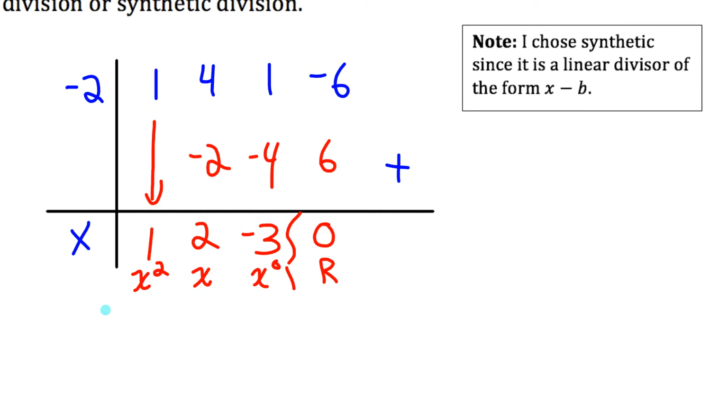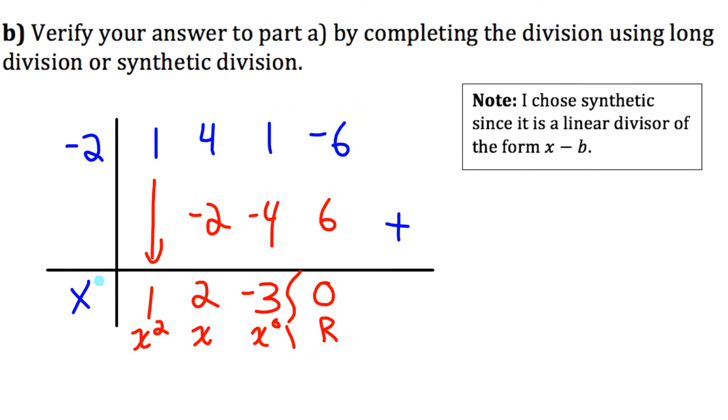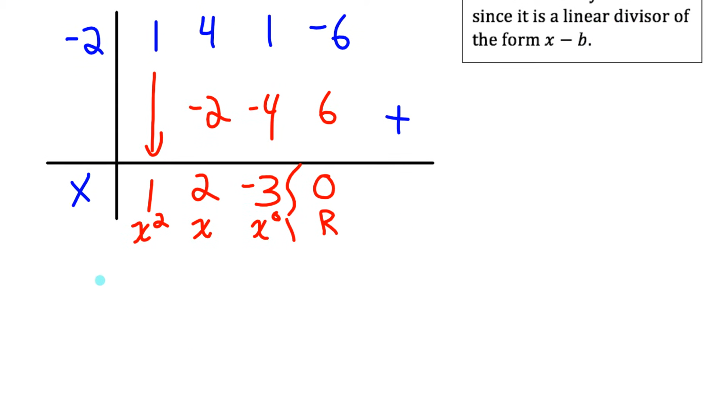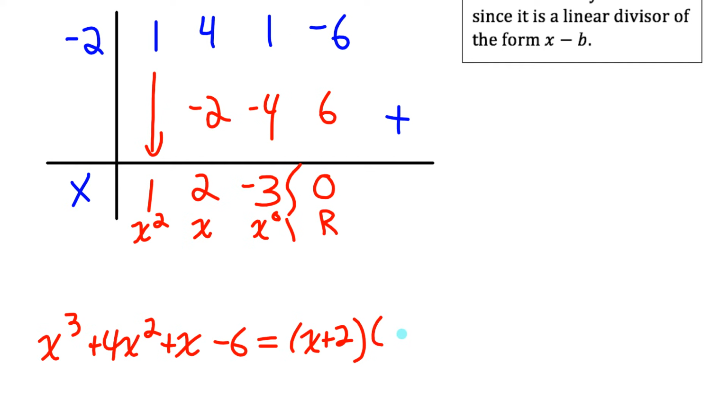Just to drive home the point that I want you to understand here, let me rewrite the dividend, x cubed plus 4x squared plus x minus 6, as a product of the divisor, x plus 2, and its quotient, x squared plus 2x minus 3. And then I would also have to do plus the remainder, but since the remainder is 0, look what we were able to do.